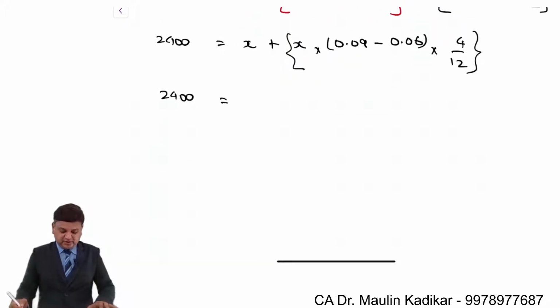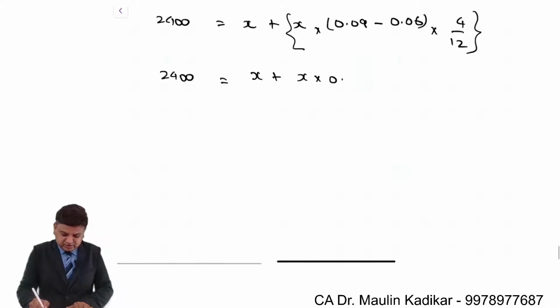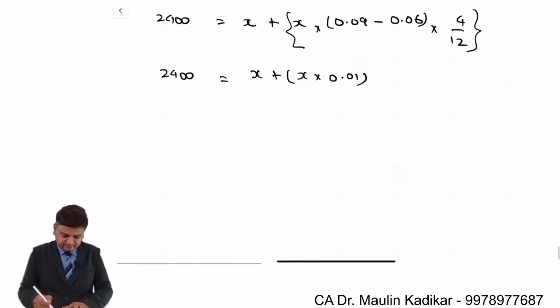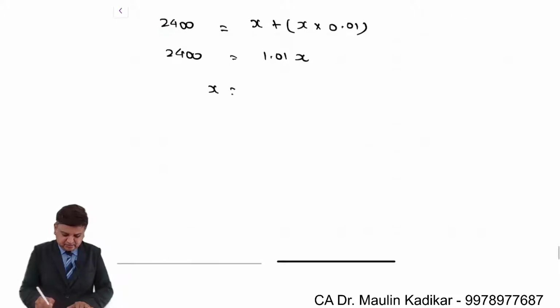So 2,400 is equal to 3% into 4 divided by 12. That comes to 1%. X plus x into 0.01, so 1.01x.